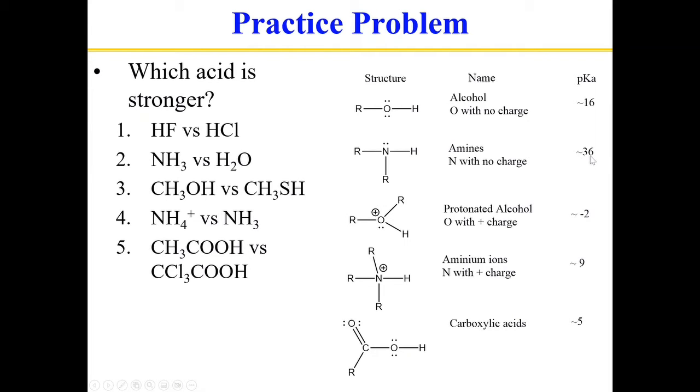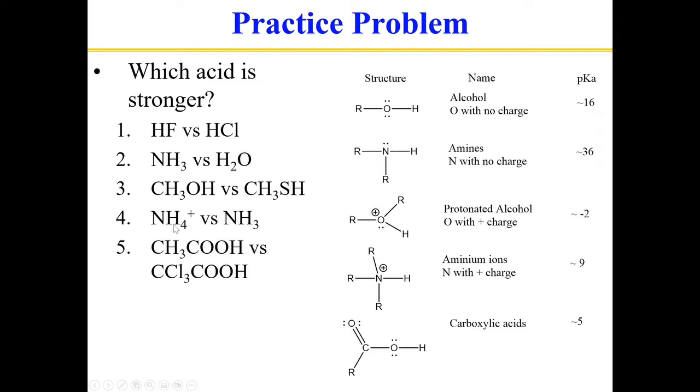Ammonia has a pKa of about 38, so it's in the ballpark of the 36 that you need to memorize, and water has a pKa of 15.7 in most solutions, which is close to that memorized value of 16. Something with a pKa of 16 is a stronger acid than something with a pKa of 36.